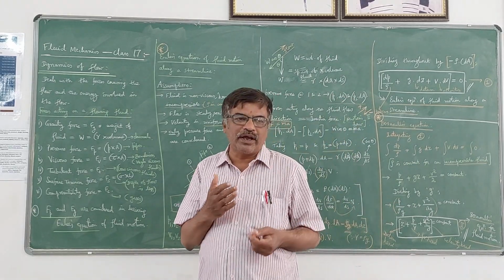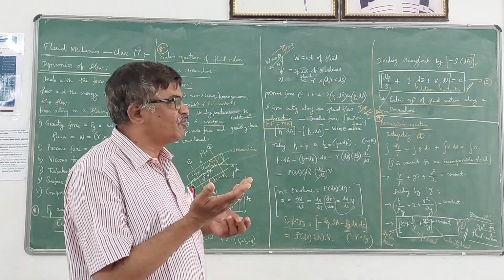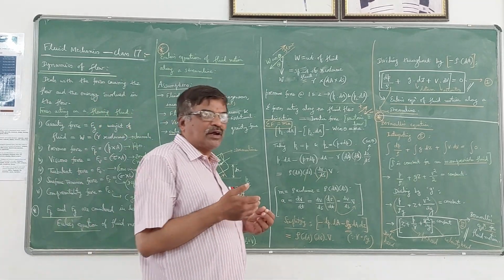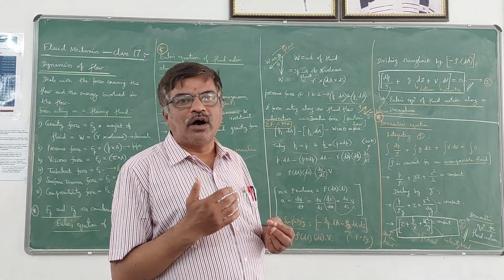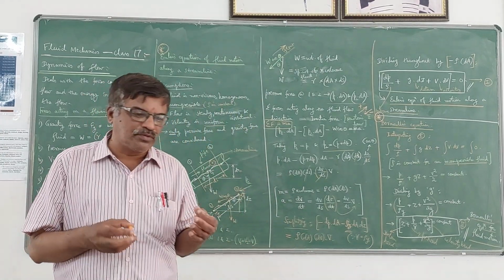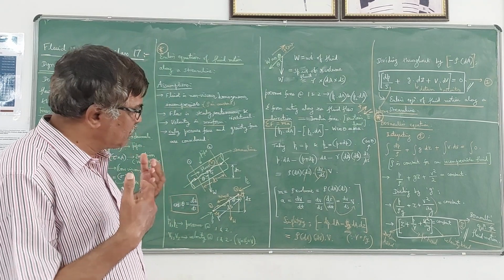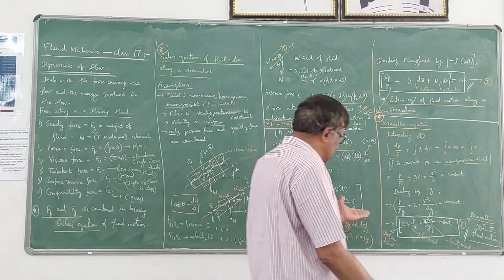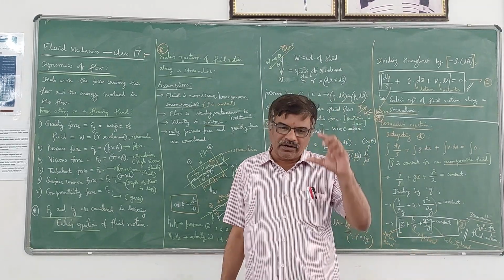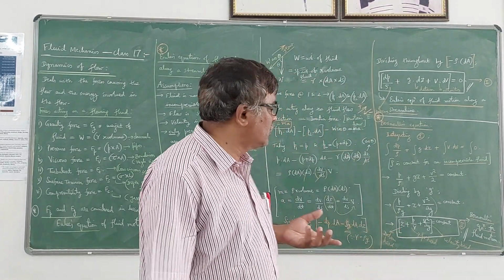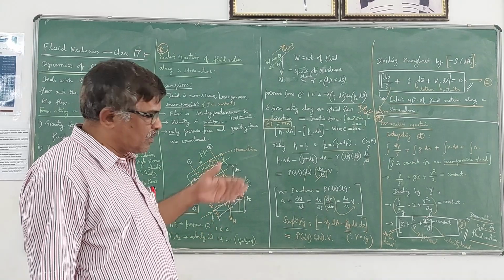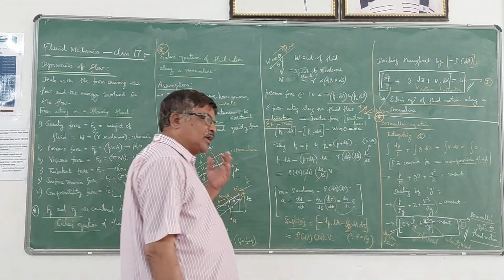There are some applications of Bernoulli's theorem like the Venturi meter, orifice meter, pitot tube, all those things. You can always analyze fluid flow problems. We can find out the pressure. Whatever unknown is there, pressure may be unknown, velocity may be unknown, or elevation z may be unknown, you can always evaluate using Bernoulli's theorem and its applications.